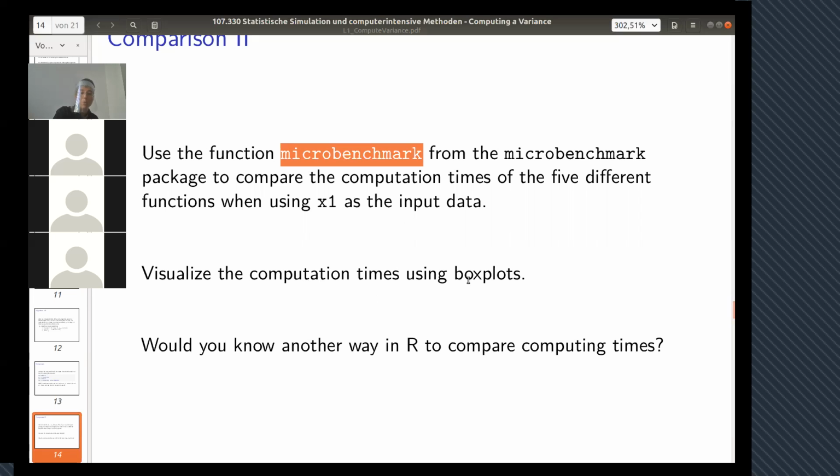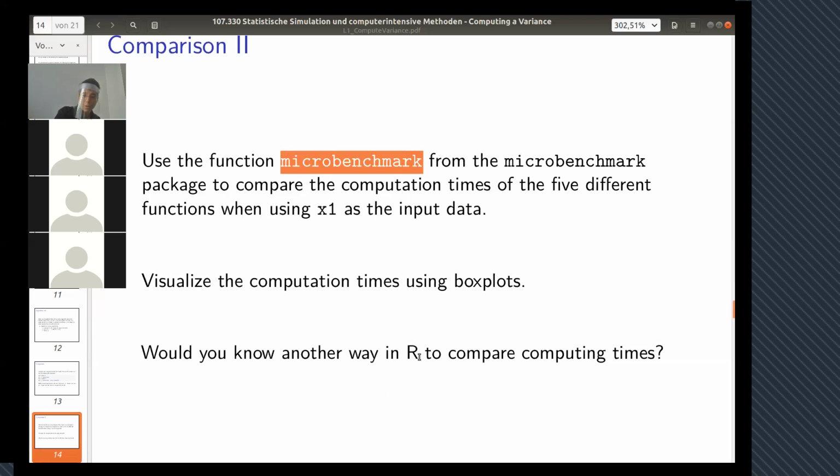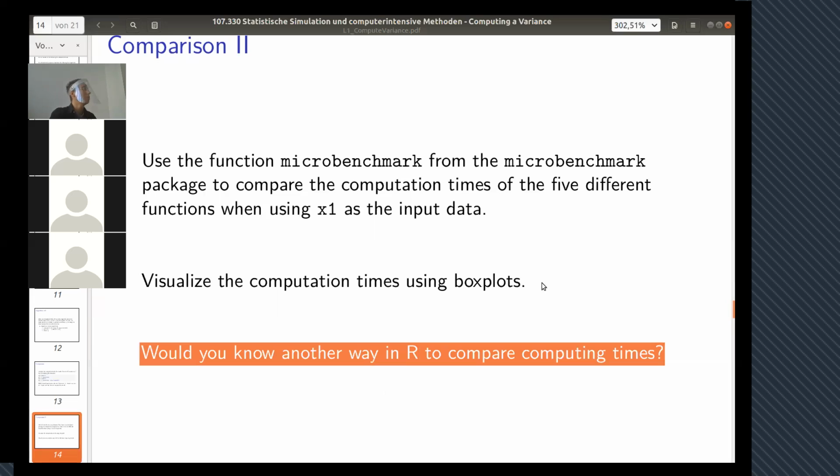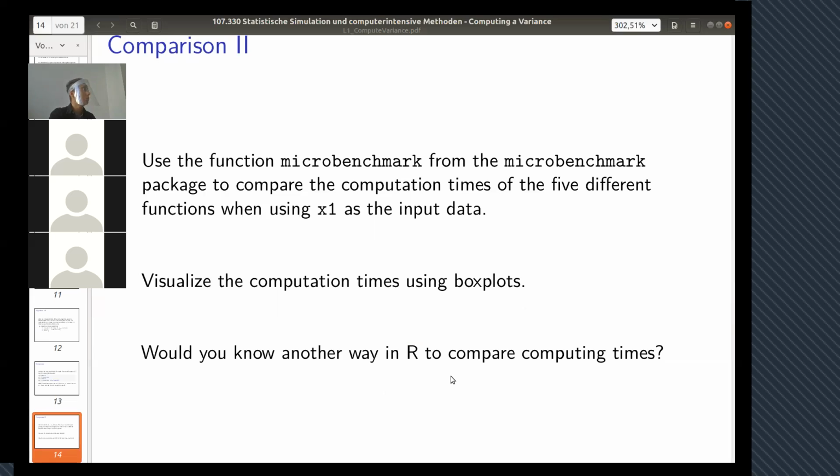Visualize that as box plots and compare it, and this is why it says 5 different functions, to the standard implementation of the variance in R. This is our gold standard for comparison, R's internal variance calculation, and then you will implement the 4 algorithms which I provided you on the slides before. So you do have 5 results and 5 functions for benchmarking here.